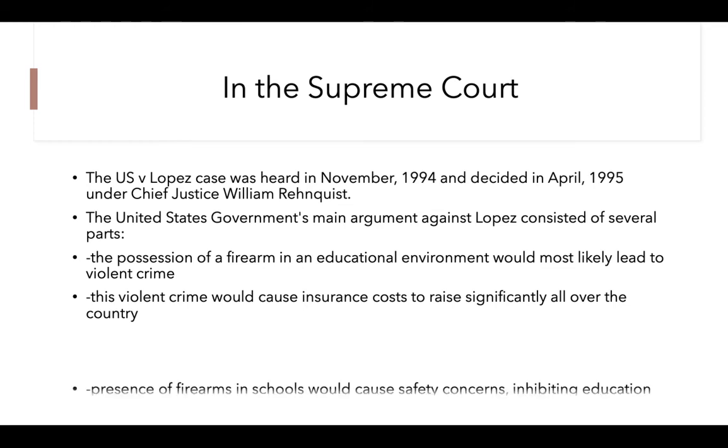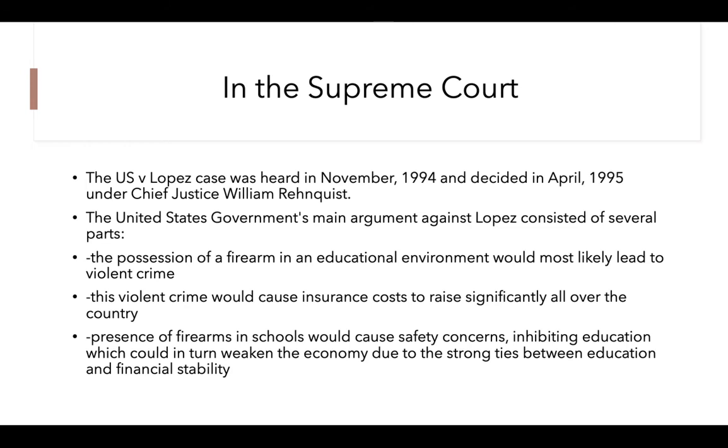But also, the presence of firearms in schools will cause safety concerns. Kind of goes right back to the concept of the first part. And inhibiting education, which could in turn weaken the economy. So when you have less educated individuals, you don't have individuals doing a lot of the work, in regards to being a lawyer, a doctor, a nurse, Wall Street agent, doesn't matter, right?